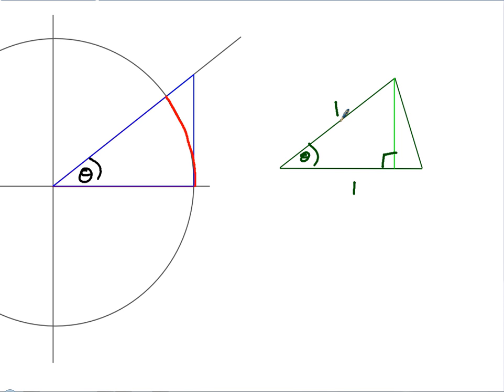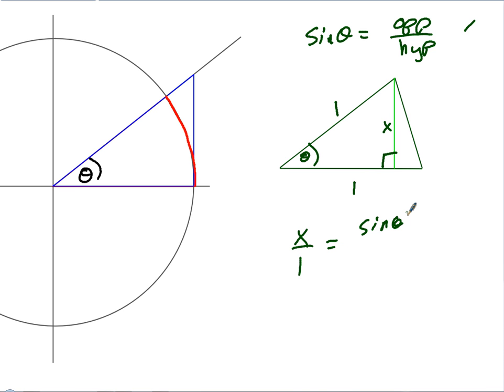If we're just focusing on the little right triangle, then we know that this is the opposite side and that's the hypotenuse, right? And we know by SOHCAHTOA that sine theta equals opposite over hypotenuse. And so if that's 1, then this must be sine theta. Does that make sense? Okay. The ratio of this mystery side, if we called it x, x over 1 must equal sine theta, because that's opposite over hypotenuse.